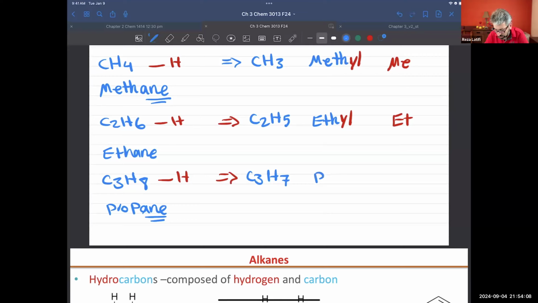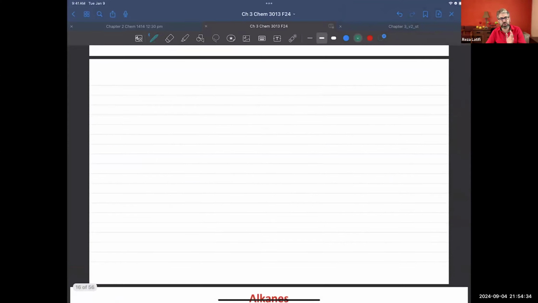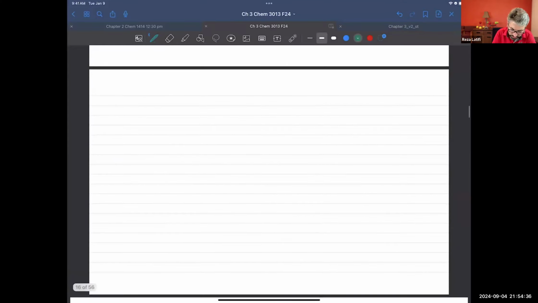For now, you can say this is the symbol for it. I want you to put a star here, and next lecture I'm going to tell you why I put the star. Because technically we can have more than one structure for it. You can repeat this for 4, 5, or 6 carbons.